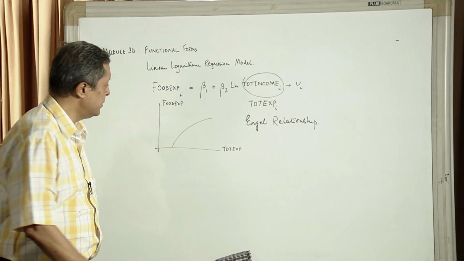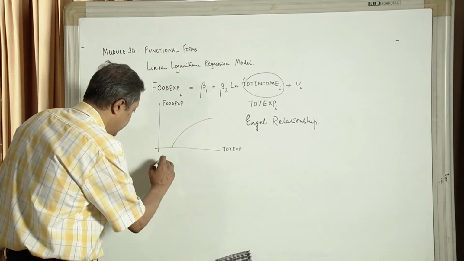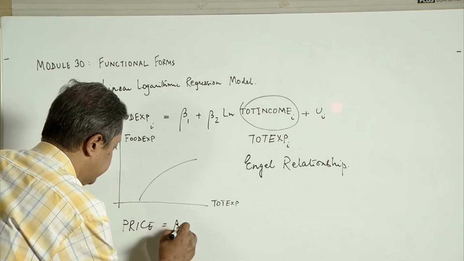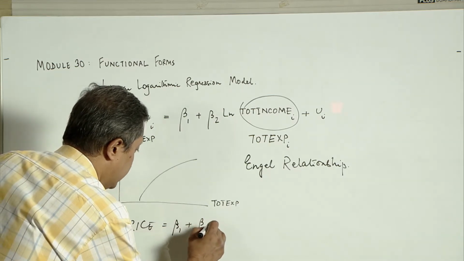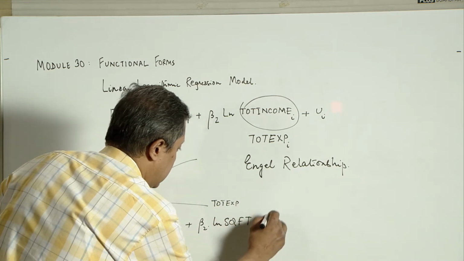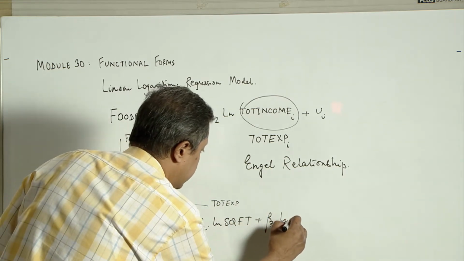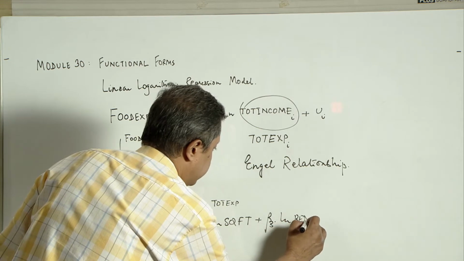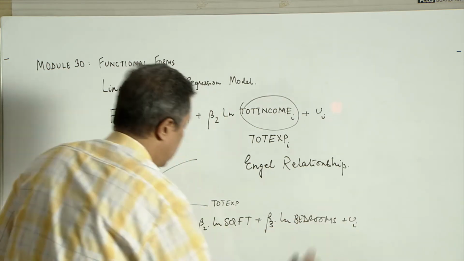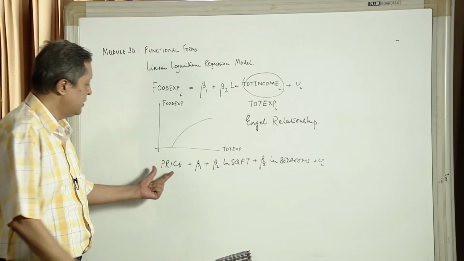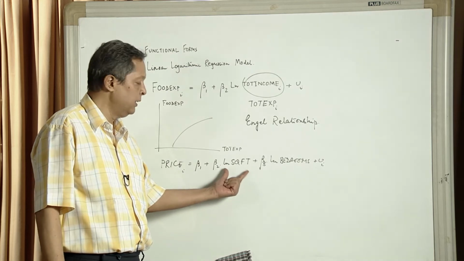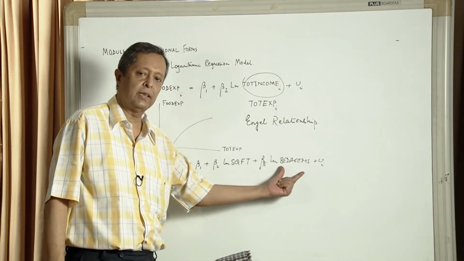In both the cases, this one and the earlier one where we regressed price on the logarithm of square feet, the variables are, this is y, this itself now is a variable x, this is another variable x.